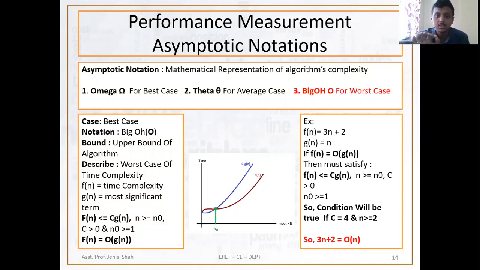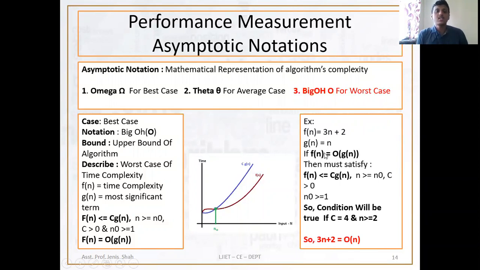C is equal to 1, C is equal to 2, C is equal to 3, C is equal to 4. After putting those values, you just need to find the first point where the condition f of n less than or equal to c g of n is satisfied. Okay. So 3n plus 2 is equal to O of n. This condition will be satisfied only and only when C is equal to 4 and n is greater than or equal to 2. Is that clear?